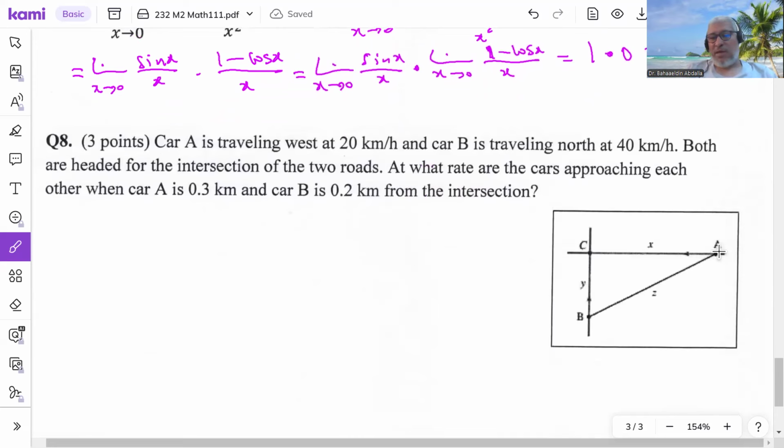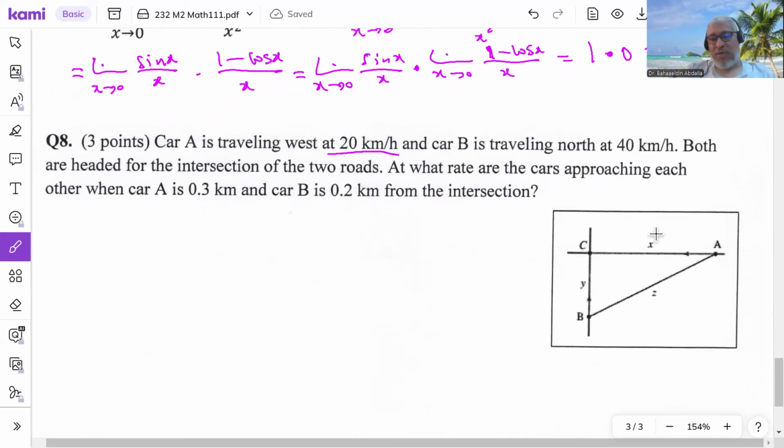Car A, this is car A, is traveling west at 20 kilometers per hour. So this is the distance car A is traveling, x. We call it x here in the graph. What does 20 kilometers per hour represent?